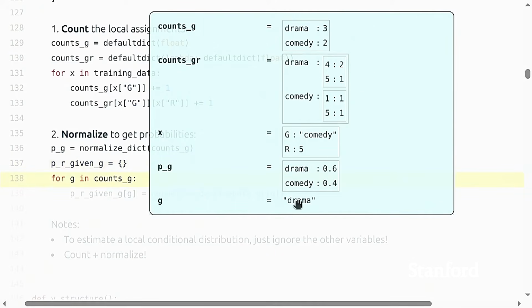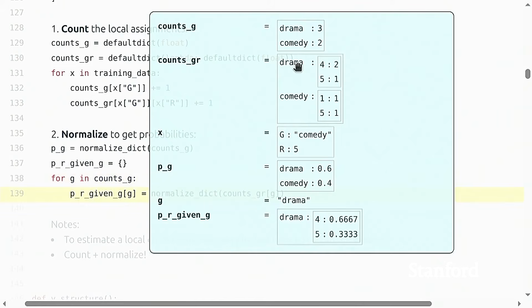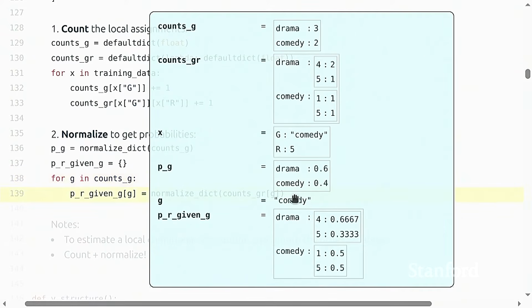One is when G is drama. So for G equals drama, I'm going to normalize this distribution, 2/3 and 1/3. And then when G is comedy, I'm going to take this distribution and normalize. Okay? And then, so that's it.